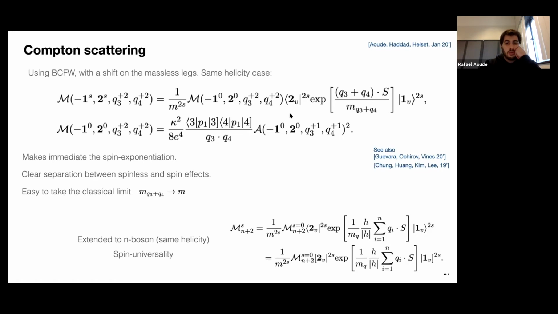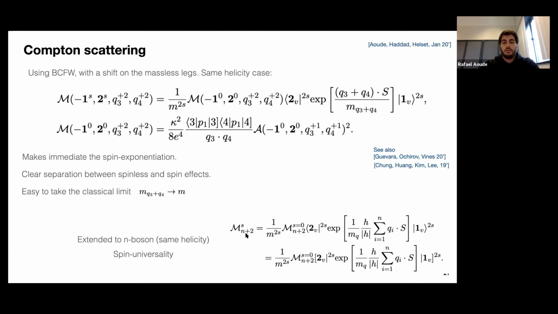This way of writing, using the HPT variables, also makes it easier to take the classical limit. What we also did is extend this result for n bosons with the same helicity. Only the same helicity case shows a clear separation between spinless and spin effects.